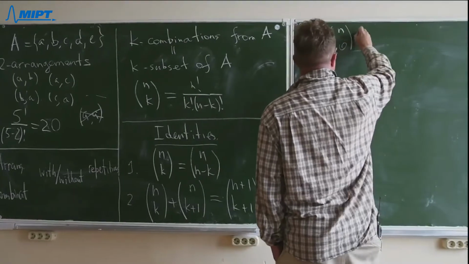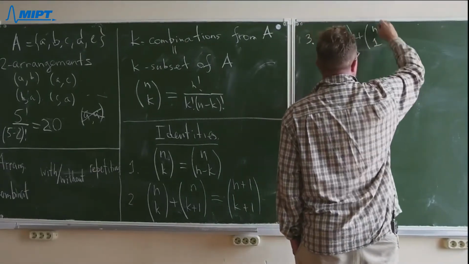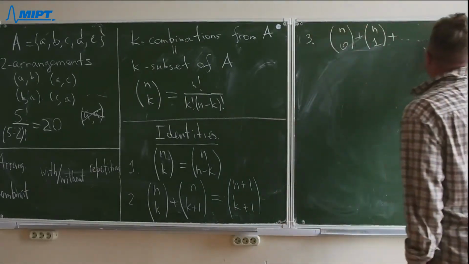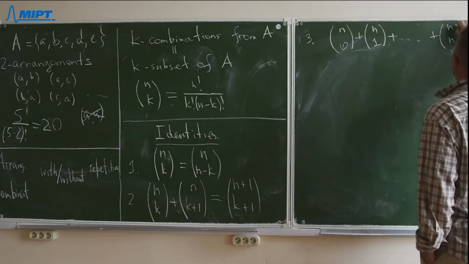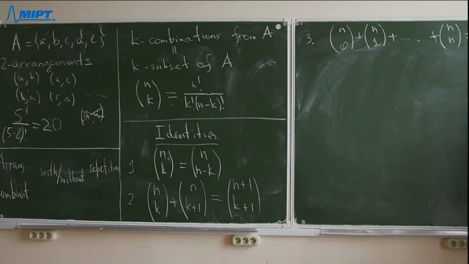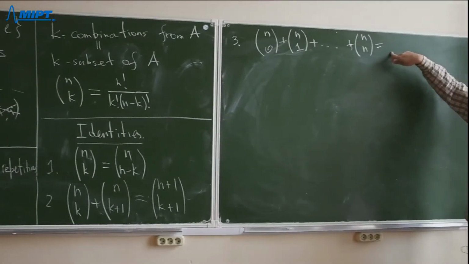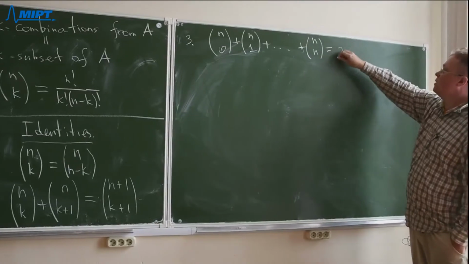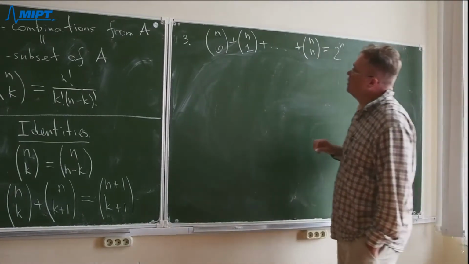If we sum all the possible combinations n choose 0, n choose 1, and so on, do you know what we get here? Yes, 2 to the power n.